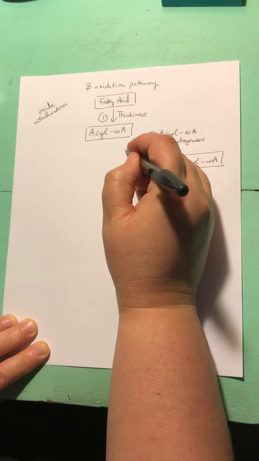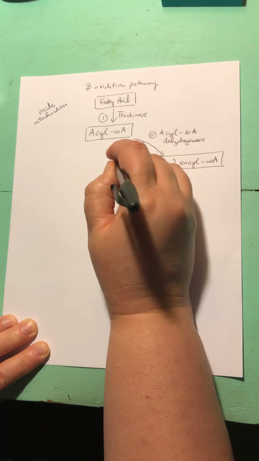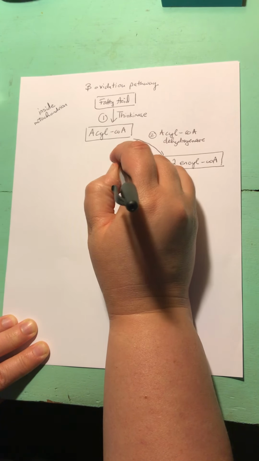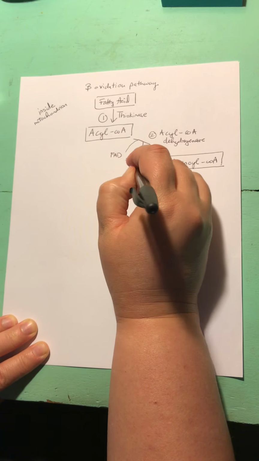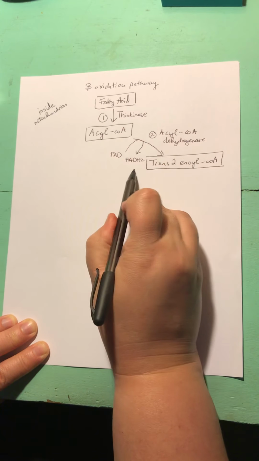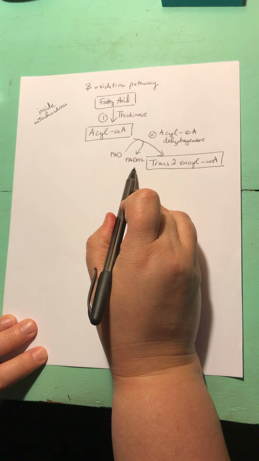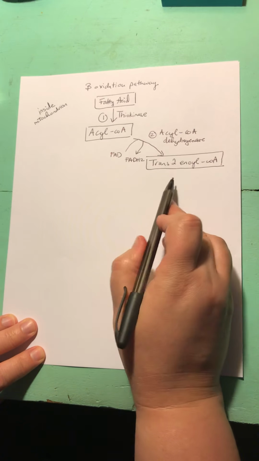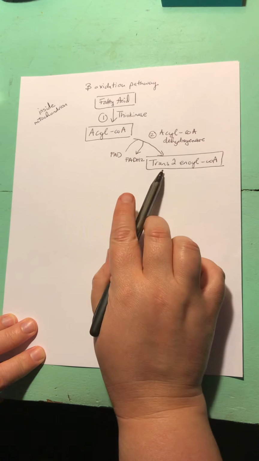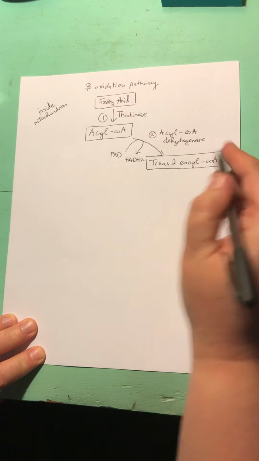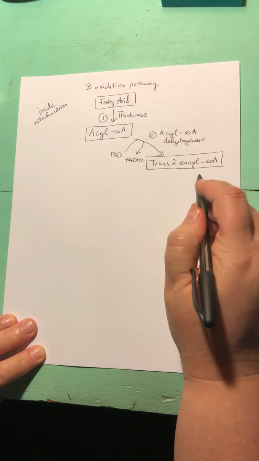You also need some reducing power here, so you're going to have FAD play a role here. FAD comes in and picks up 2 hydrogens to become FADH2. So this is step number 2 to form a trans 2 enoyl CoA from an acyl-CoA.